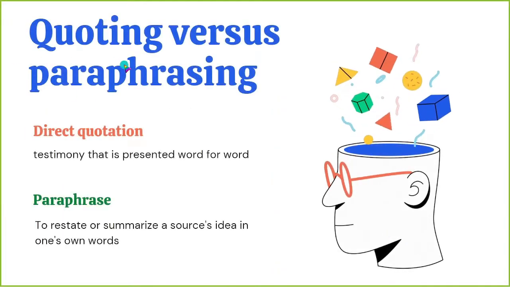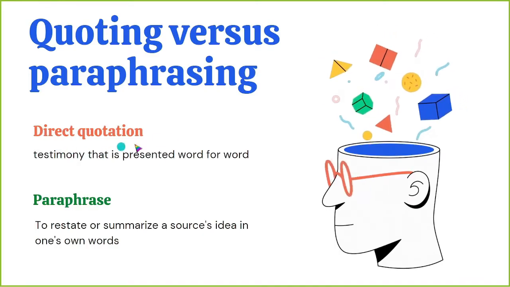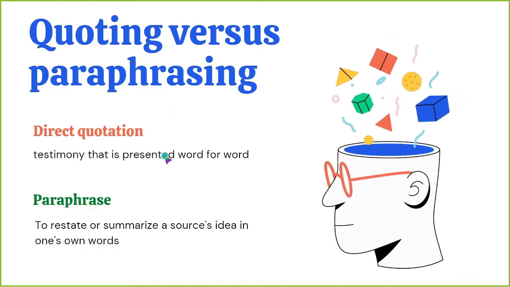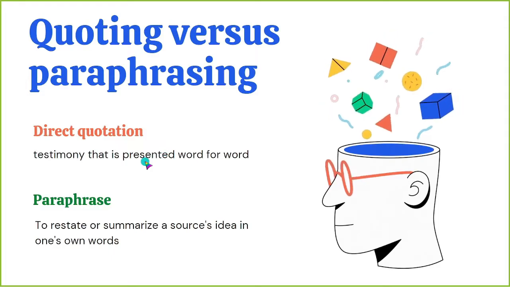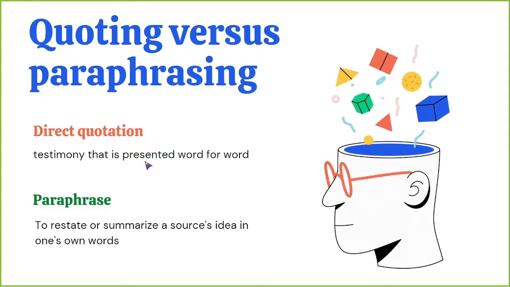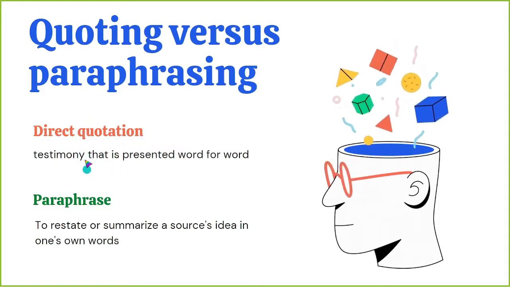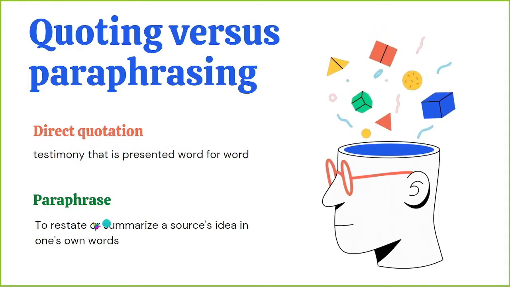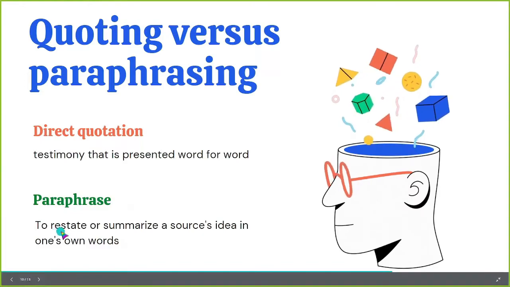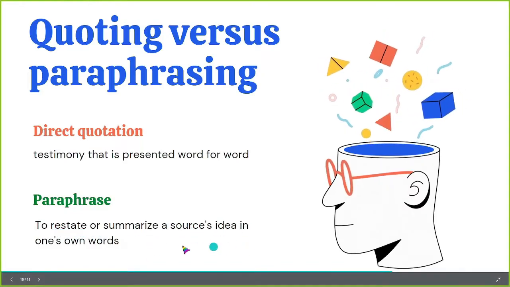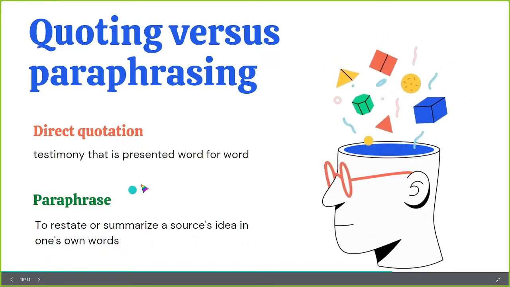Now we move to quoting and paraphrasing. If you're familiar with quotations, sometimes people like to quote and put it inside their social media, representing words from other, inspiring people. You can also use quotations inside your outline. Paraphrasing is to restate or summarize a source's idea in your own words.